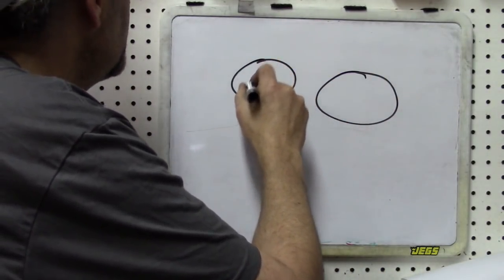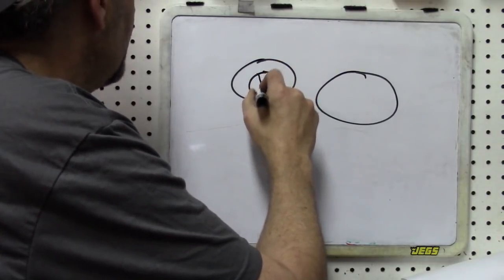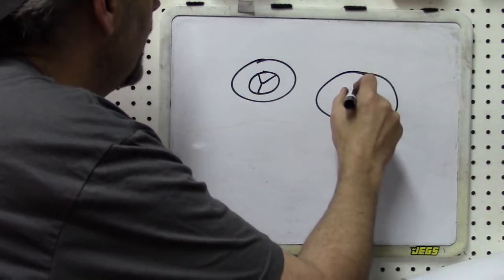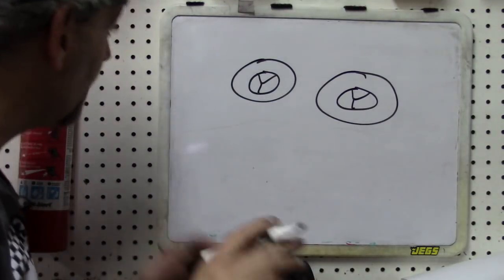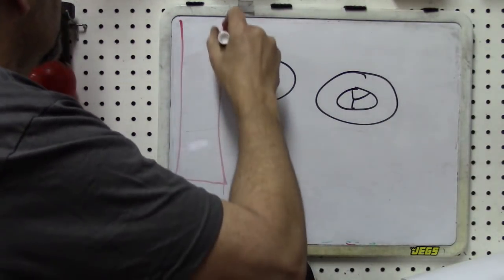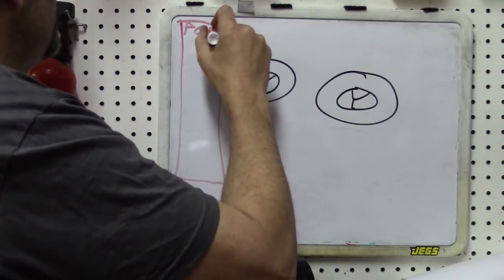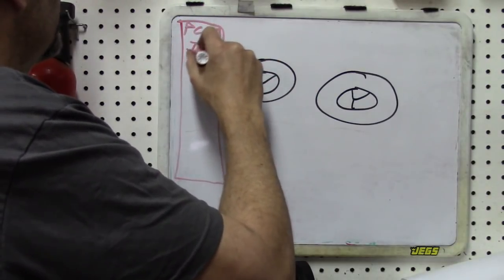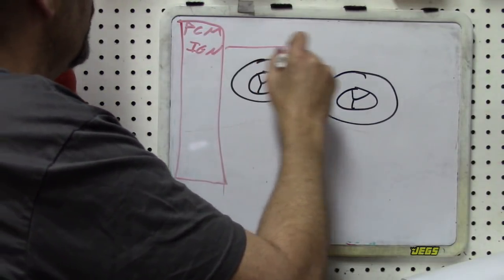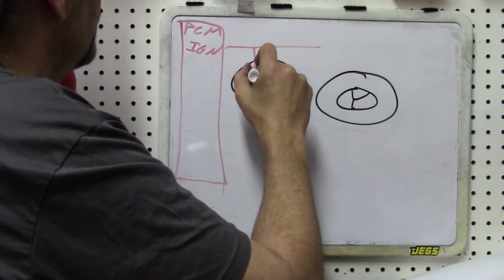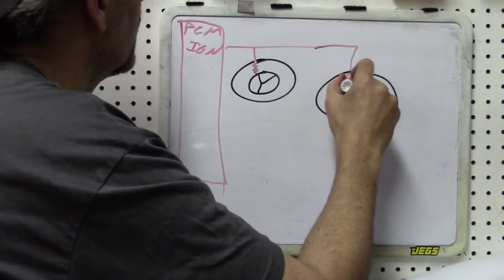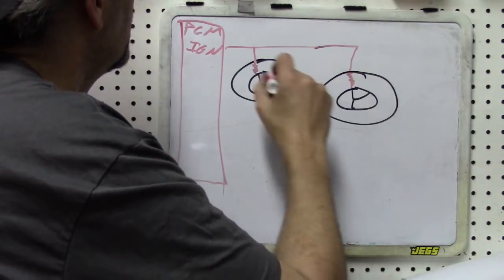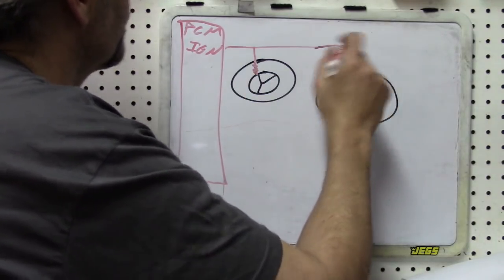We know each of these coils is going to have the transistor inside of it. It is not going to be ground side switched at the PCM. Let's put our PCM here. We know we have our ignition power feed. We know this is a shared feed that's going to go to the primary in each coil, to the collector.